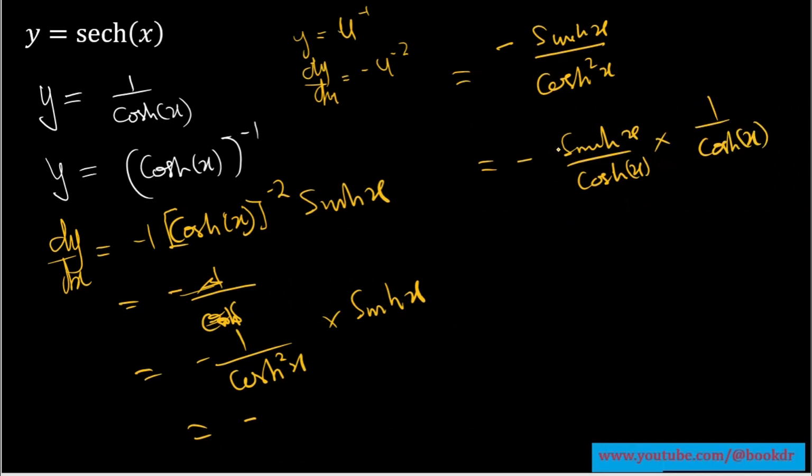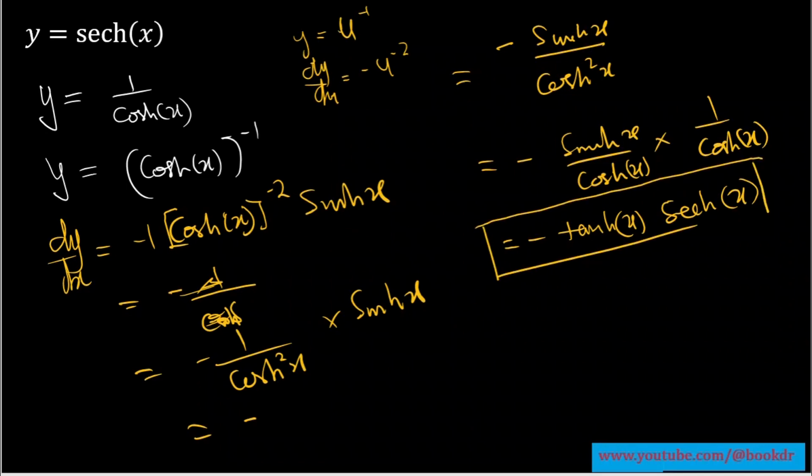Then sinh x over cosh x is tanh x, and 1 over cosh x is sech x. So this is the derivative of the hyperbolic secant. Let's take note and move on to the next one.